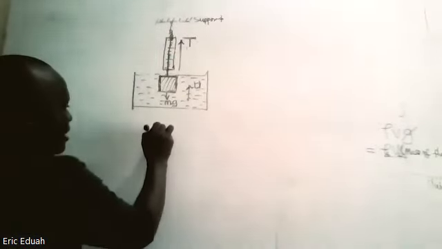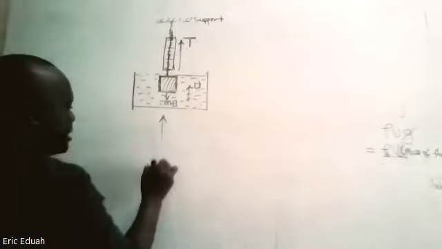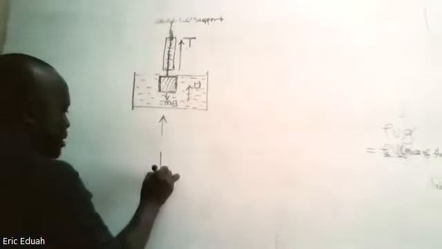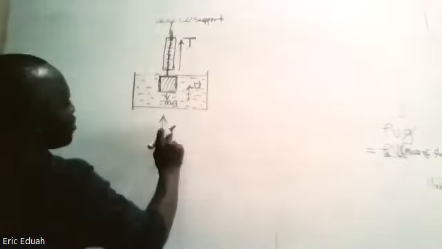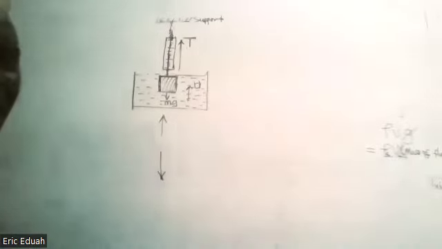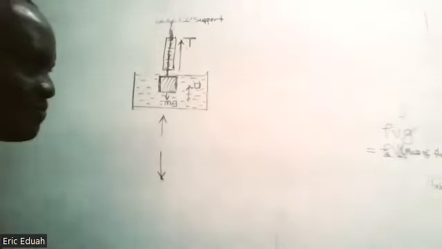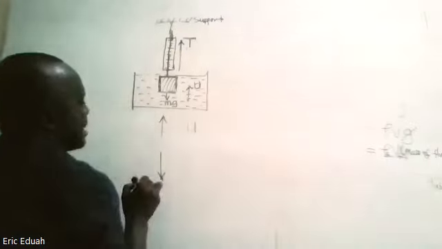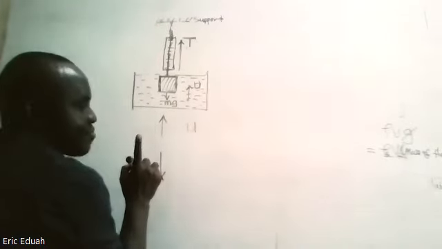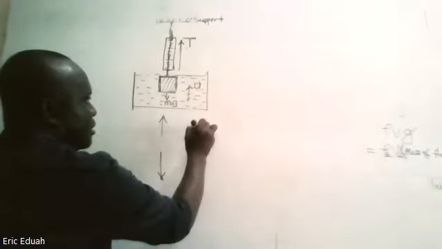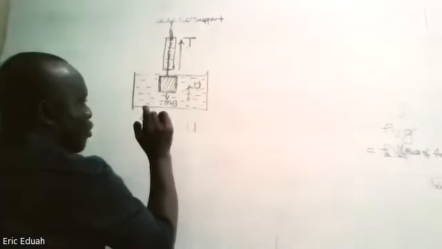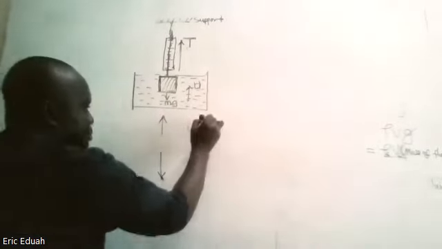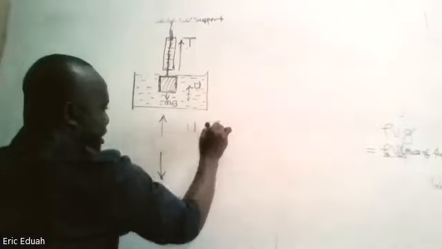Now let's look at the total forces in the upward direction and the total forces in the downward direction. What do we have acting upwardly? Upthrust, and the tension in the string.